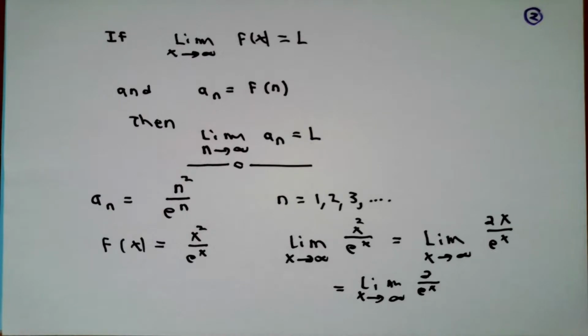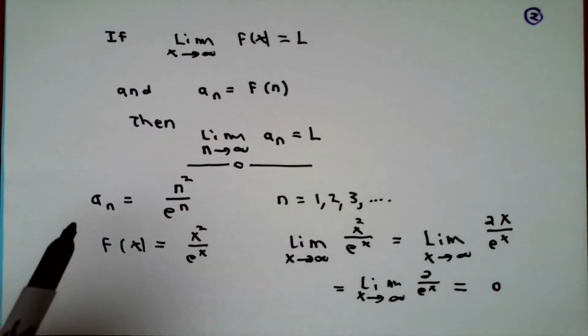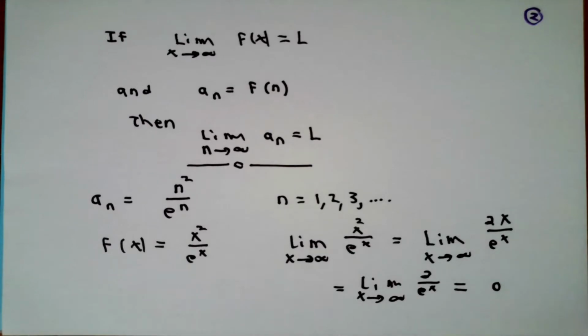So 2 divided by e to the x tends to 0. The value of this limit is 0. Because of the f of x trick, this tells me that the limit as n tends to infinity of a sub n is also 0. So the limit of this sequence exists. Also, we could say the sequence converges to 0.